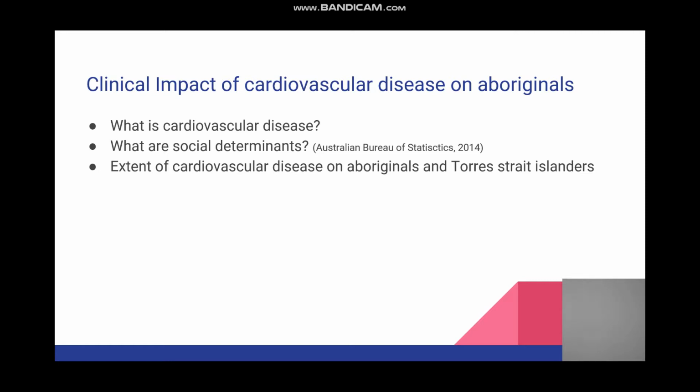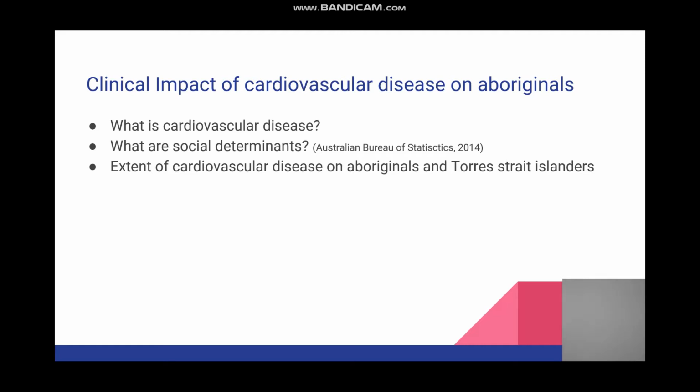In 2015, 40% of total deaths amongst Aboriginal and Torres Strait Islander peoples were caused by cardiovascular disease. Aboriginal and Torres Strait Islander people were 70% more likely to die from circulatory disease as compared to non-Indigenous people.